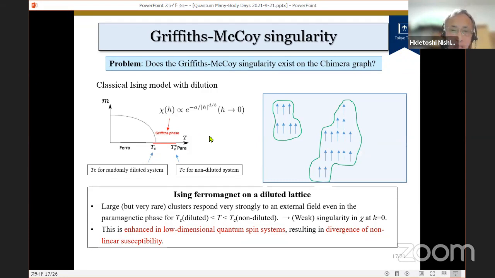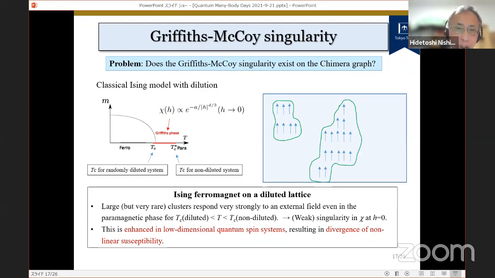Intuitively, this is relatively easy to understand. There exist very large clusters, almost infinite clusters, even if we introduce dilution, although the probability of the existence of such large clusters is very small. But since the system is below the critical point of the pure, non-diluted ferromagnetic Ising model, those large clusters respond very strongly to the external field.